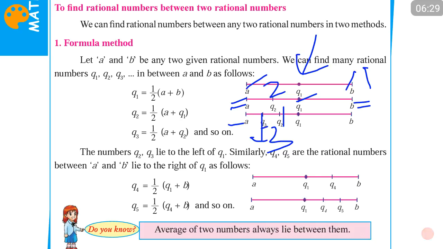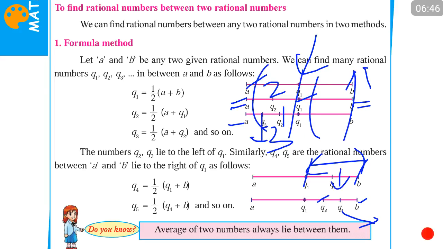Similarly, we can find the rational number which is the average of q1 and b, which will be q4, and between q4 and b we can find q5. So we can find the averages on this side or also on this side to get more rational numbers. Do you know, the average of two numbers always lies between them.